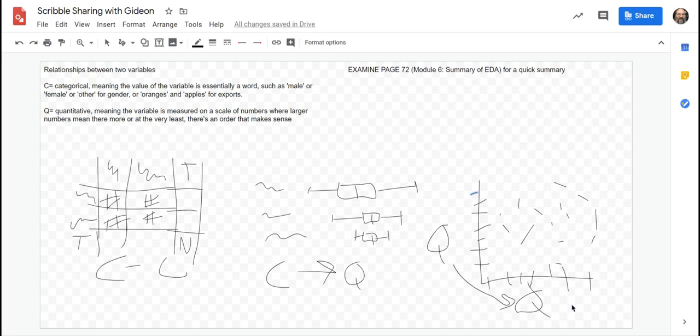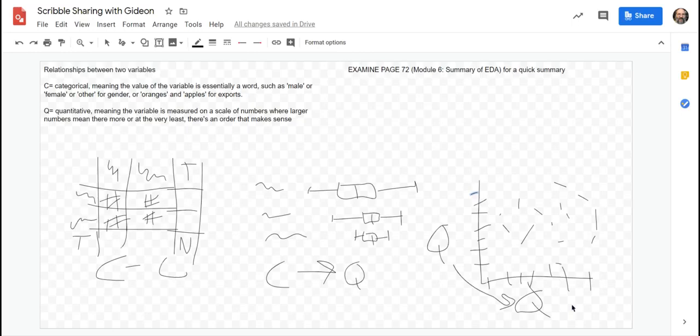So just the core idea, 2 categories. Categories don't go in any particular order, maybe alphabetical, but that's not a real order. So all you can do is create the table. For categorical to categorical comparisons, create the table, and the numbers are just how many of each, kind of like a histogram, right? You had quantitative data, but you only had the number in each separate interval.